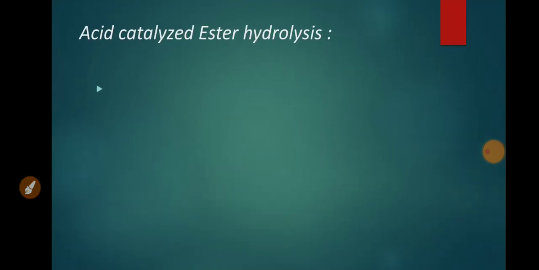Acid catalyzed ester hydrolysis. They are of 4 types. In that, the first one is AAC1. As we have discussed earlier, AAC1 stands for acid catalyzed acyl cleavage unimolecular.